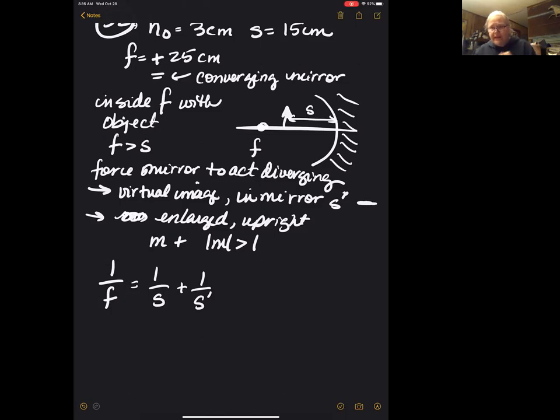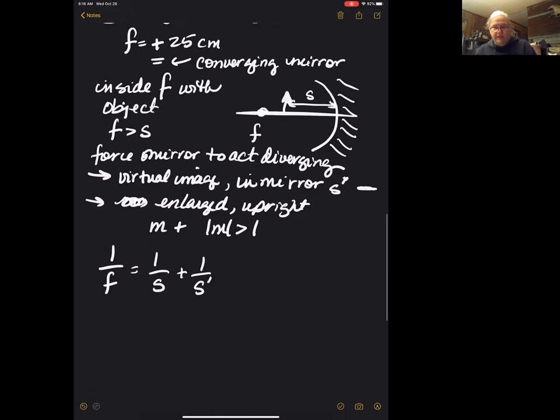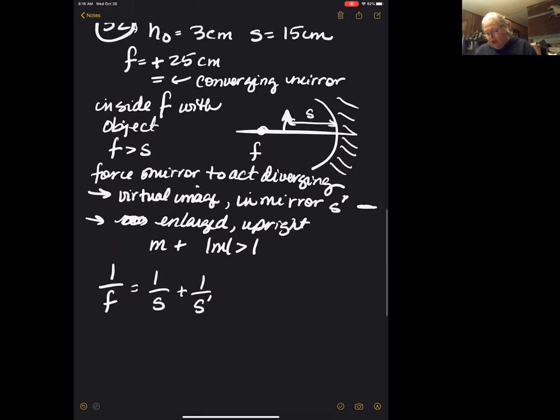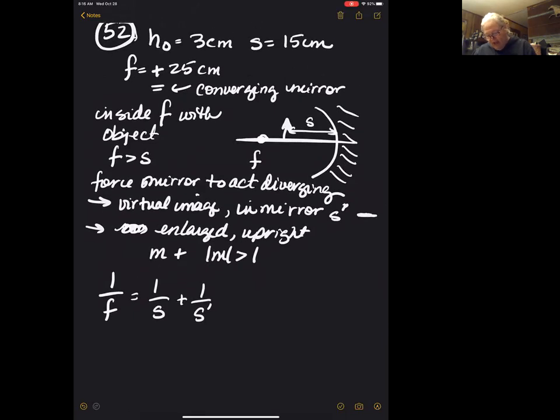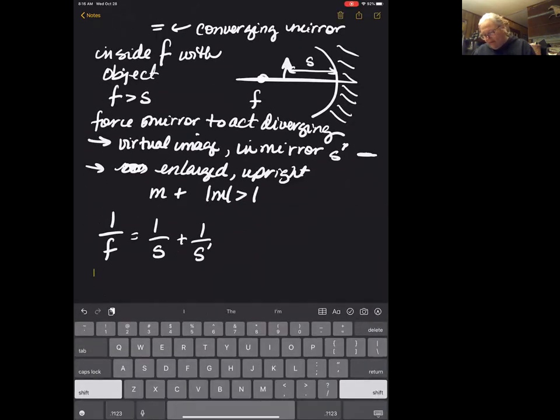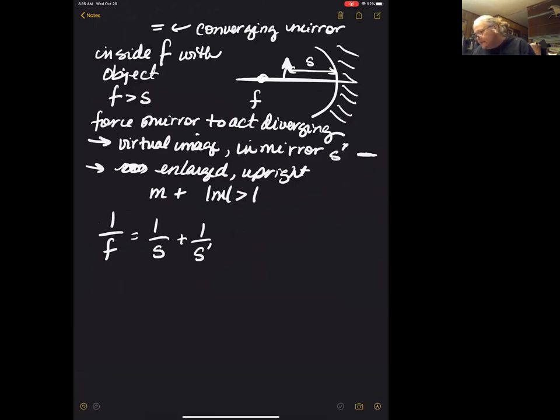They're all in centimeters, so I'm going to leave it in centimeters. So I've got my numbers. What I want to know about this problem is the image position and height. So I want to find S prime and the height of the image.